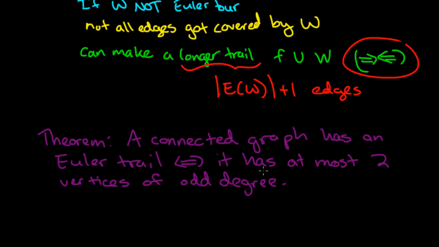And I believe the way that I phrased this in the video on the bridges of Königsberg was to say that it has exactly 0 or exactly 2 vertices of odd degree.